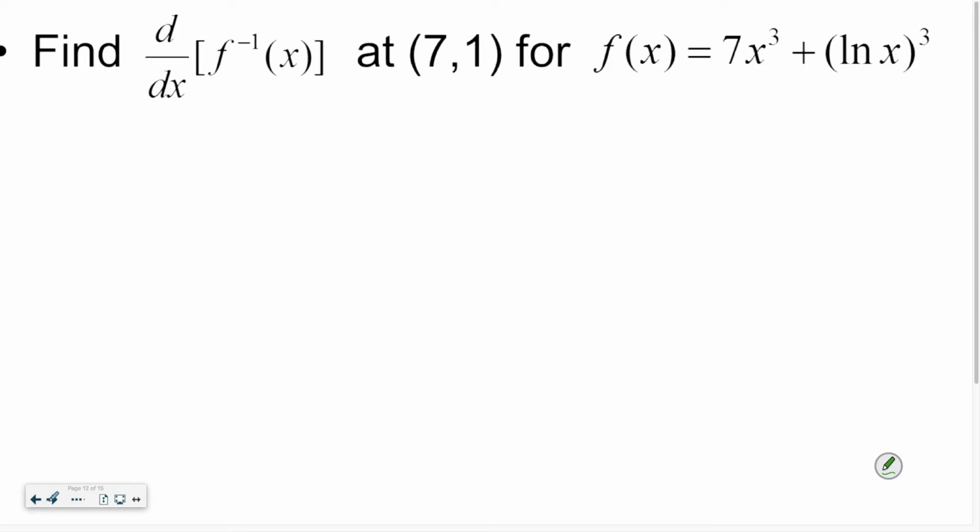What's nice about this problem? They gave us the entire coordinate. That's going to save us a step, isn't it? They gave us the coordinate so we don't have to think about finding that other piece of it. Which graph is the coordinate 7, 1 on? Is it on the inverse or is it on the function?